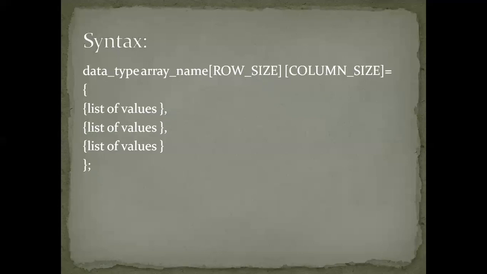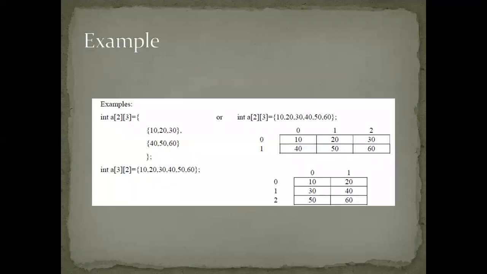If you see one example, you will get to know how that syntax works. Please pay attention. int a[2][3], size 2 and size 3. Here this is the row size and this is the column size. Remember, the first one is always the row size and the second is the column size. int is the data type and a is the array name.